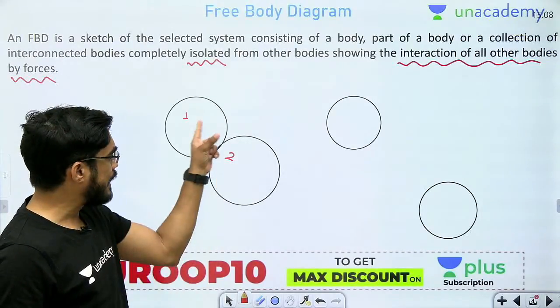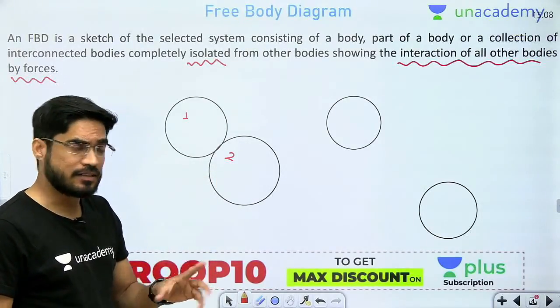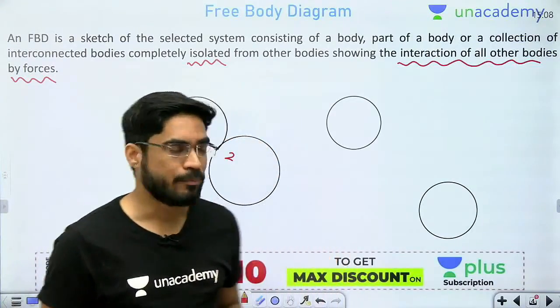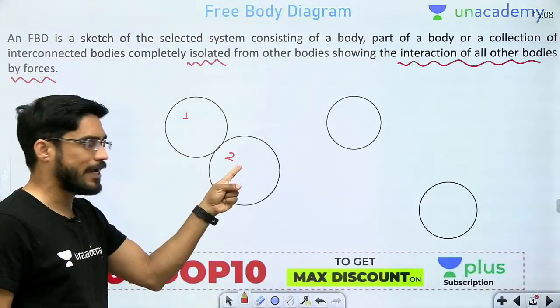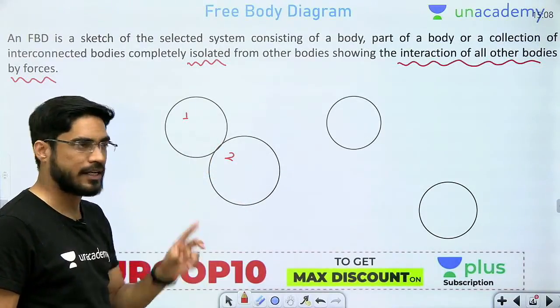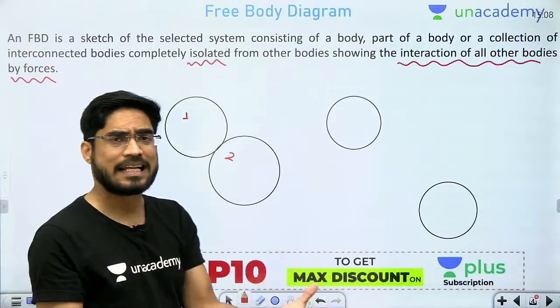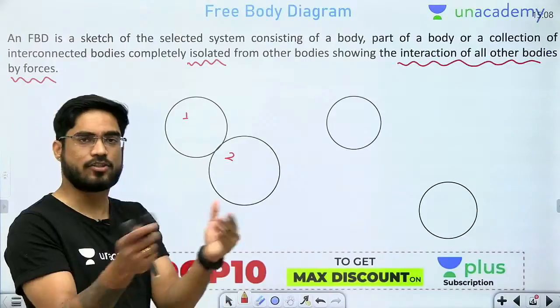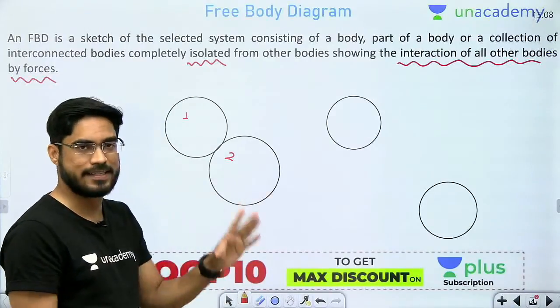If I am not isolating them, then the interaction do not have to be shown. Why? Because whatever force this is applying on this body, the same force is applied by this body on that body. So both these forces are nullified. Both these forces are equal and opposite, so they are zero. Okay, net force is zero.